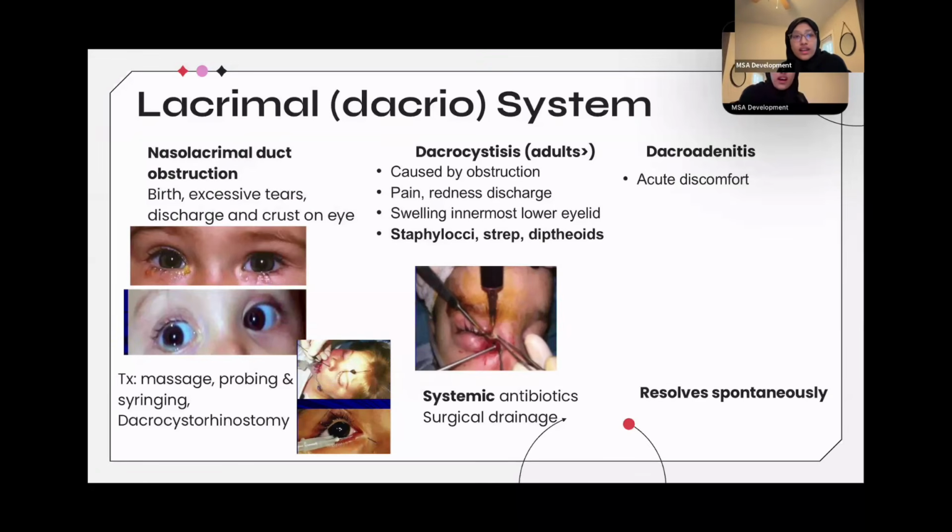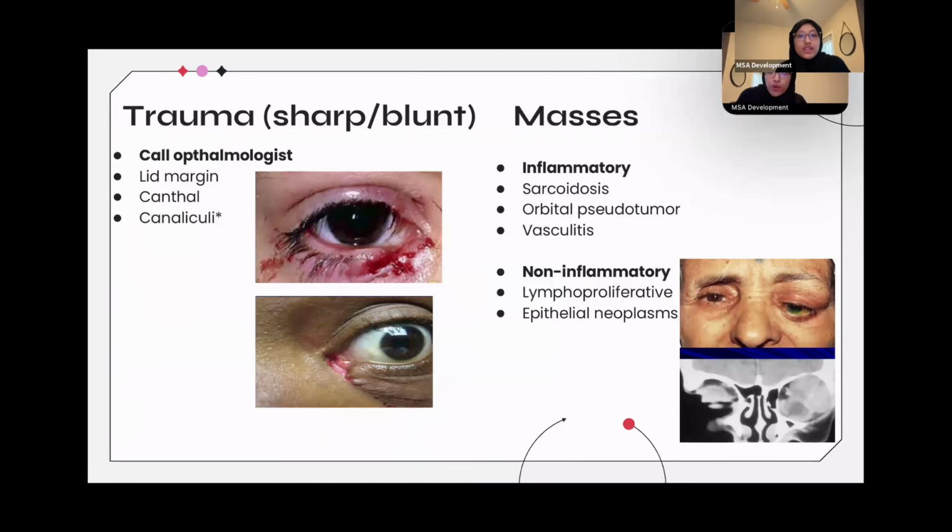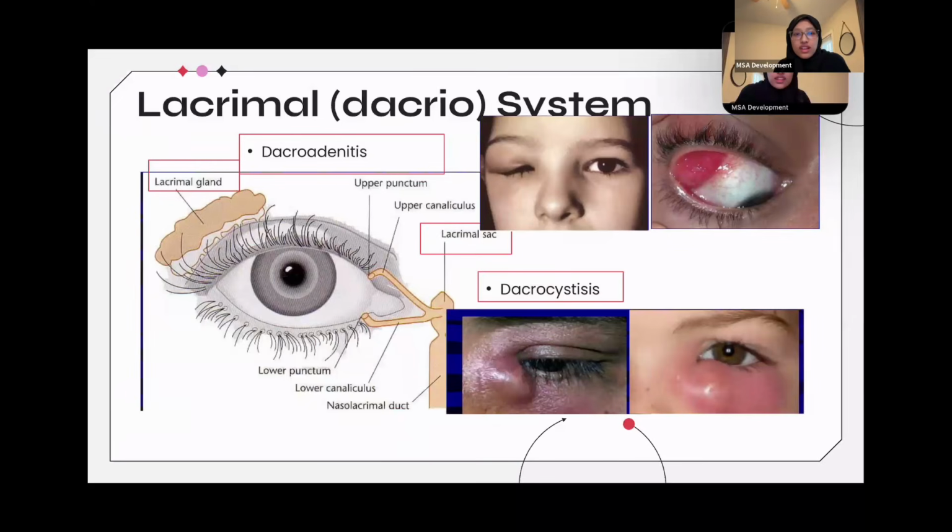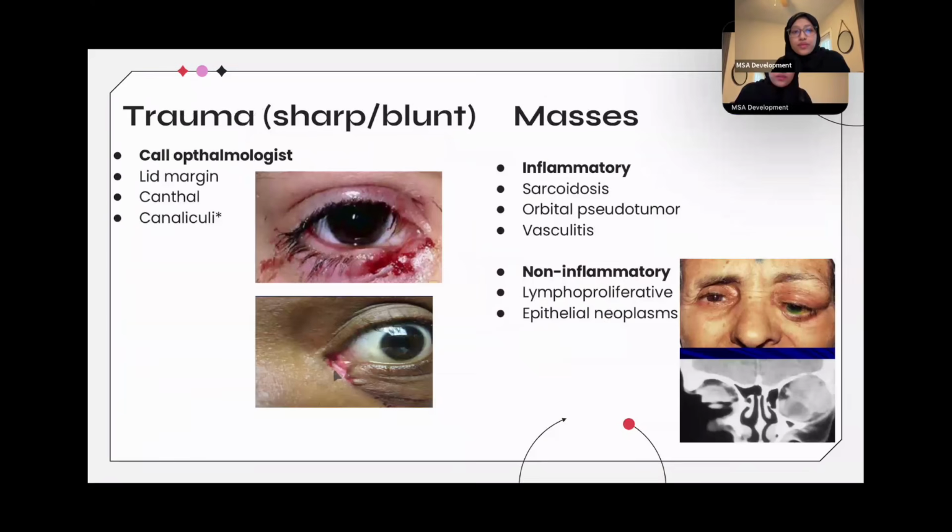Trauma in the eye or the eyelid is very important in three cases. If it involves the lid margin, if it involves the canthal, or like canthal is these sides of the eye, or canaliculi, which are the draining ducts from the side, right?